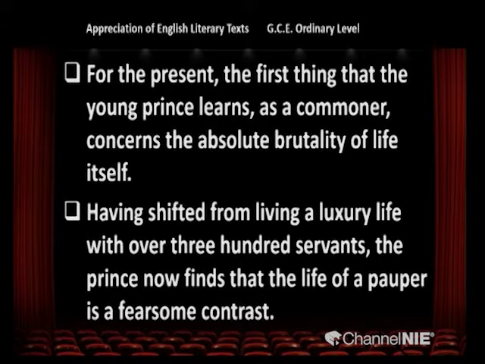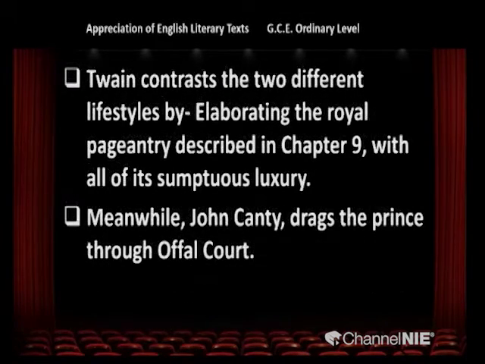So again, Mark Twain deals with the theme of the gap between rich and poor. Twain contrasts the two different lifestyles by elaborating the royal pageantry described in chapter 9 with all of its sumptuous luxury. Meanwhile, John Canty drags the prince through Awful Court.